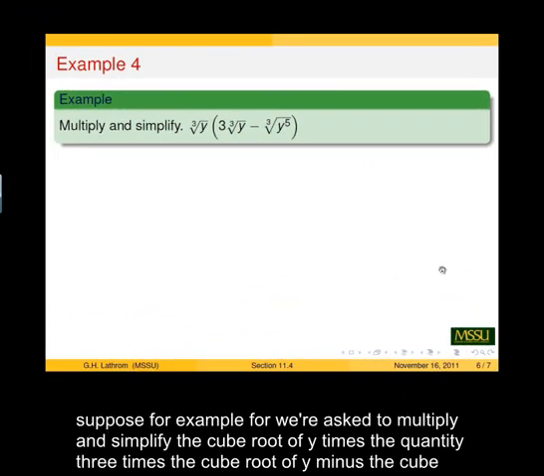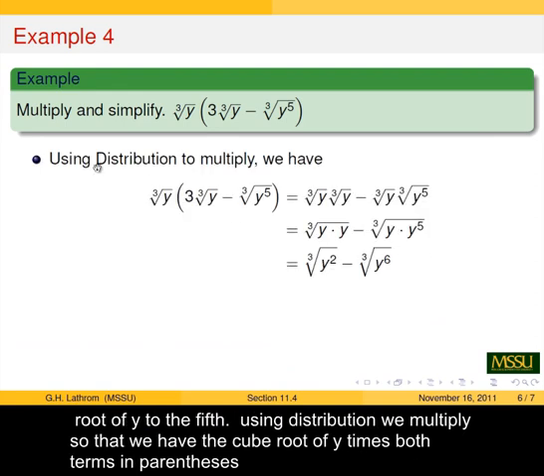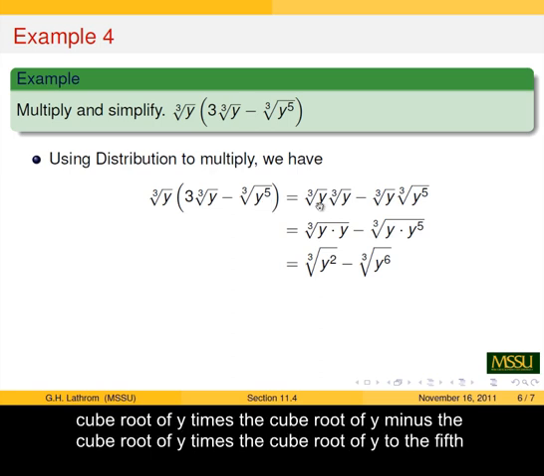Suppose, for example 4, we are asked to multiply and simplify the cube root of y times the quantity 3 times the cube root of y minus the cube root of y to the 5th. Using distribution, we multiply so that we have the cube root of y times both terms in parentheses to give us the cube root of y times the cube root of y minus the cube root of y times the cube root of y to the 5th.